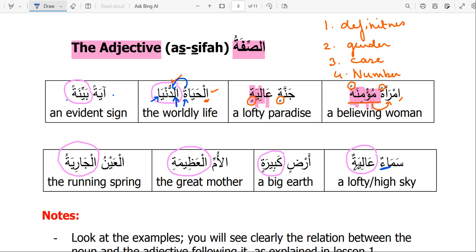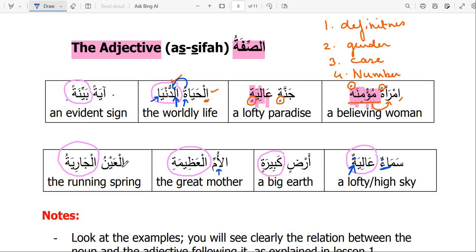So nakira and nakira, damma, and they are all singular. Ardin, this is also from the feminine nouns. Kabiratin. This noun is feminine from the meaning. Azimatun, the great mother. Al-ain, it is considered feminine.